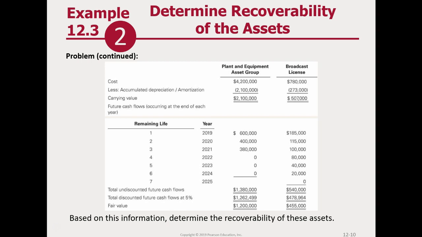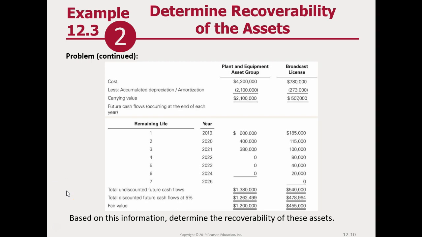They are summing up the undiscounted cash flows. It looks like 540, and the carrying value is 507. So even though we had an impairment indicator present, the total future cash flows undiscounted are 540. They're higher than the 507. So we do not have to go to step 2 for the broadcast license.